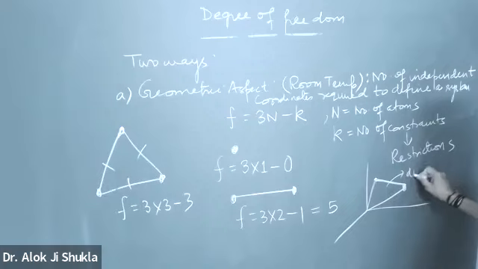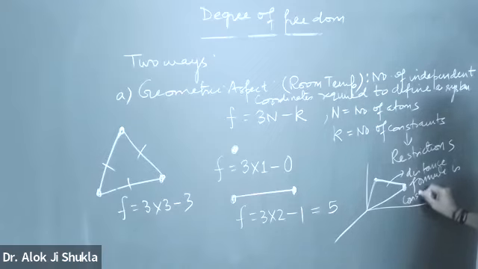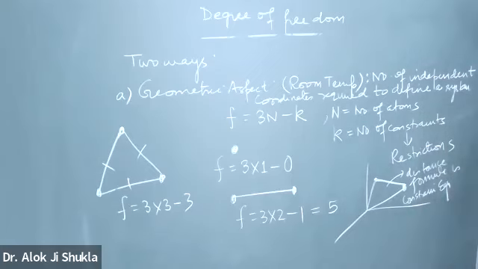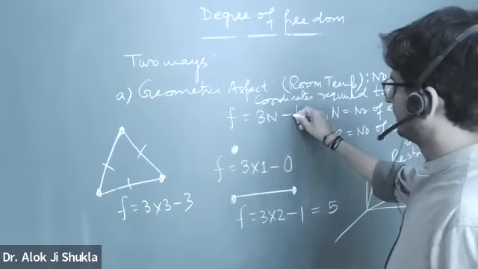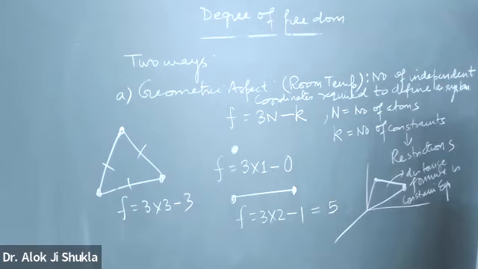So here the distance formula is the constraint equation. This will be subtracted from this. So this will become 3. Is that okay?